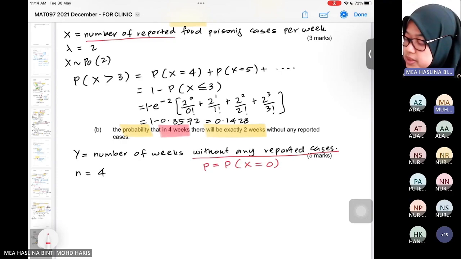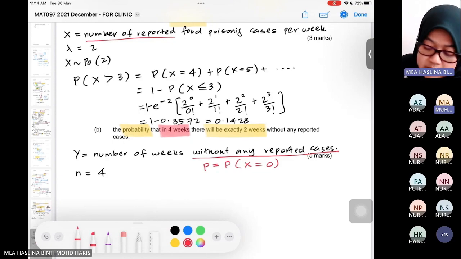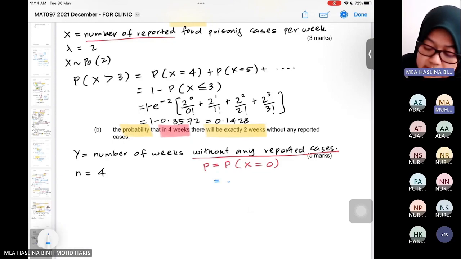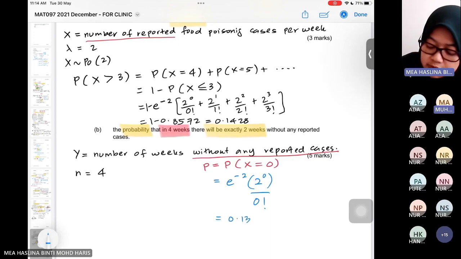So you have probability of X equal to 0, which is e to the power of -2 multiplied by 2 to the power of 0 over 0 factorial. So you have 0.1353.